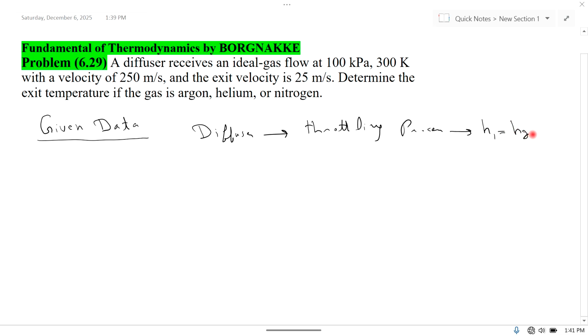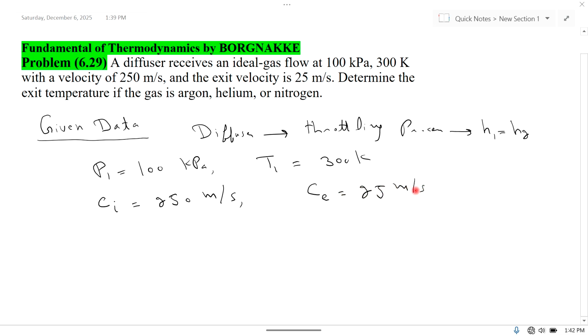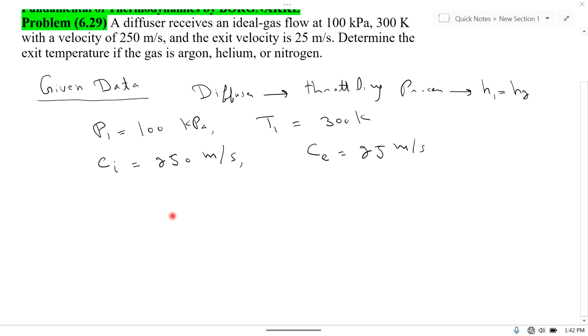P1 is equal to 100 kilopascal and T1 is equal to 300 Kelvin with a velocity of 250 meter per second. The inlet velocity Ci is 250 meter per second and the exit velocity Ce is 25 meter per second. Determine the exit temperature if the gas is argon, helium, or nitrogen.